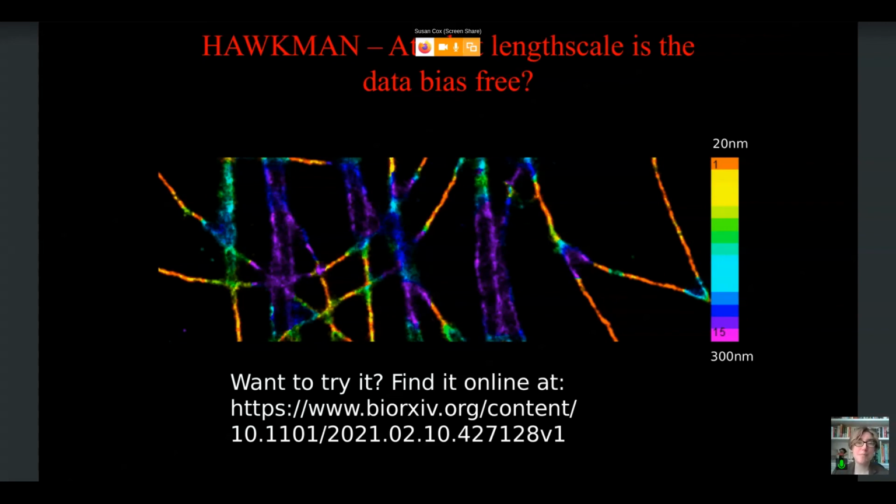And so you can map your image as to the resolution at which it can be considered artifact free. And I think this will be quite helpful because it will enable people to test, are their images reliably artifact free at the length scale at which they want to draw conclusions.